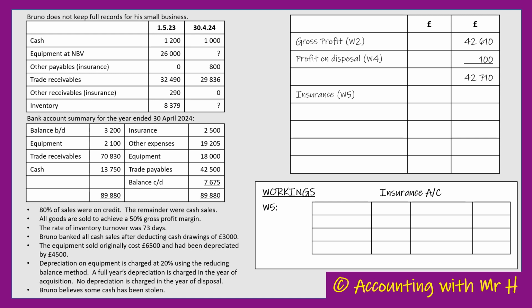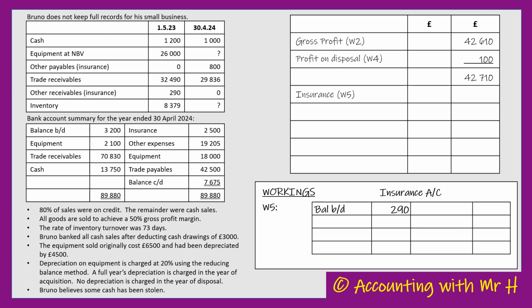So what was going on at the start of the year? Well, that table at the top, on the 1st of May, it says other receivables, specifically insurance, £290. So if this is a receivable, this is effectively a prepayment. So he has started the year having prepaid his insurance by £290. A prepayment is an asset, so I'm going to bring that down then on the debit.